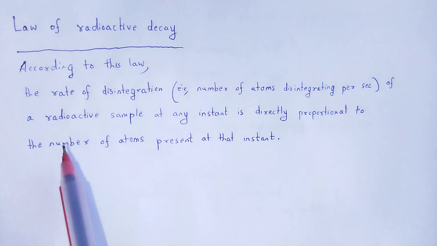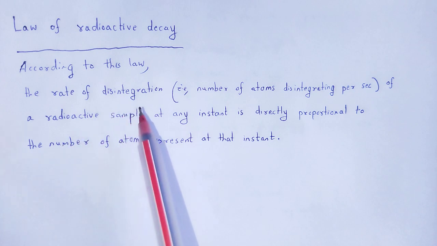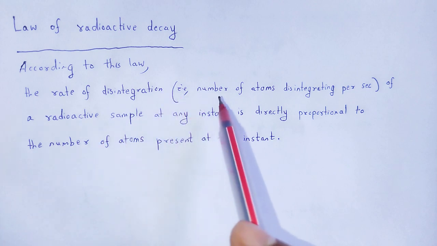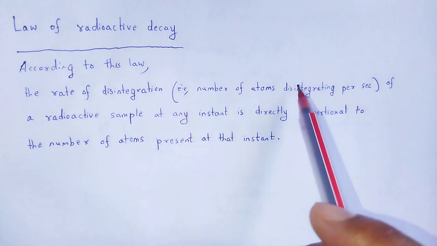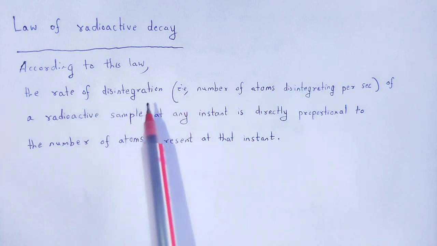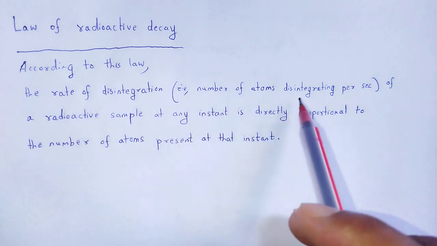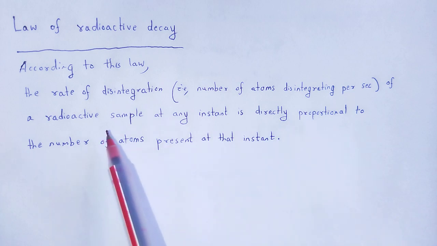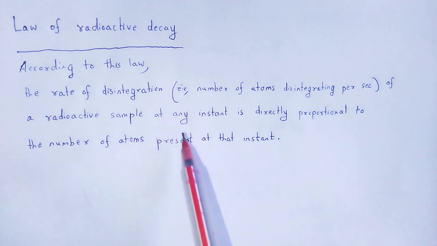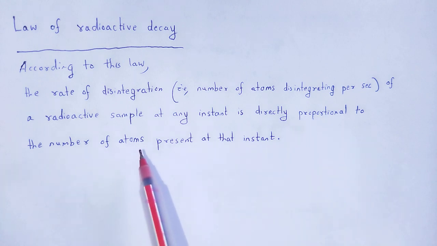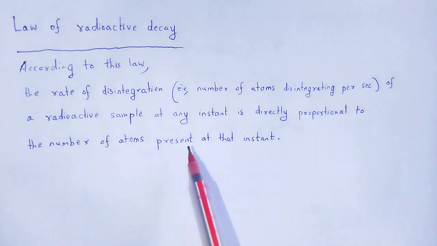According to this law, the rate of disintegration, that is the number of atoms disintegrating per second of a radioactive sample at any instant, is directly proportional to the number of atoms present at that instant.